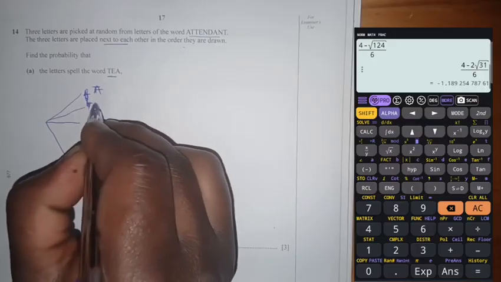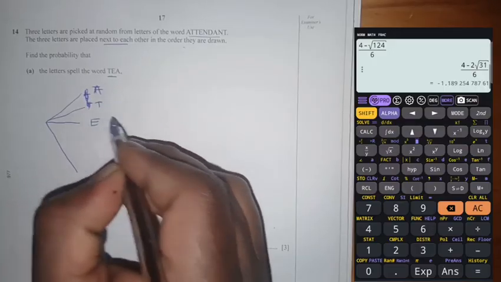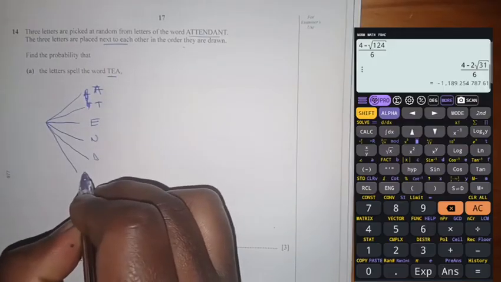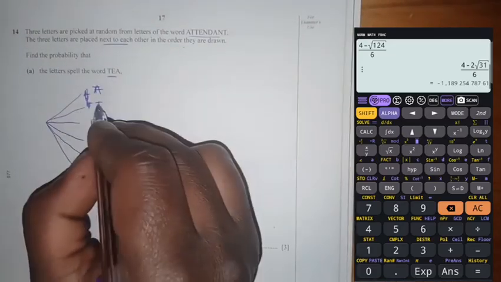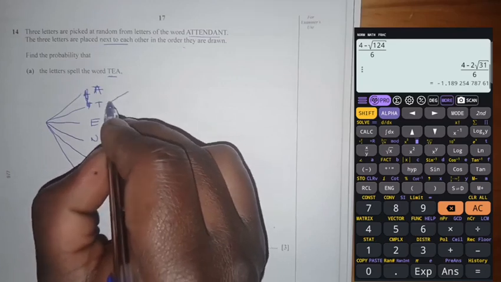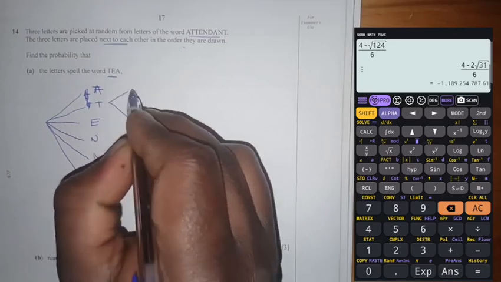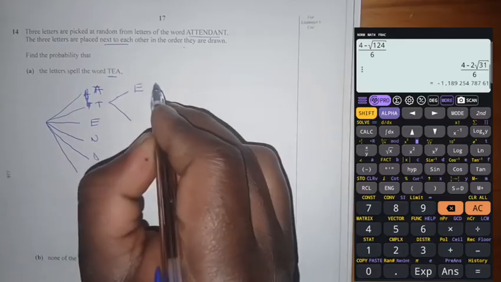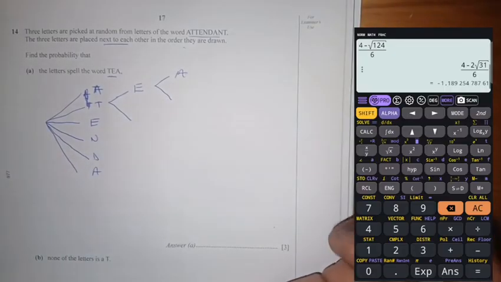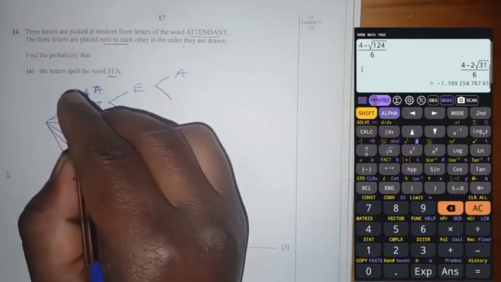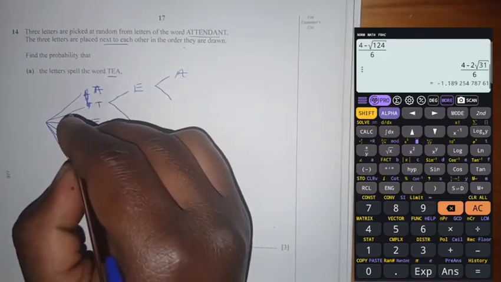Oh, it doesn't matter. A, T, E, N, D, A, like that. I want to get T. If T is thrown, then I want to get an E. Once an E is thrown, I want to get an A, like that.